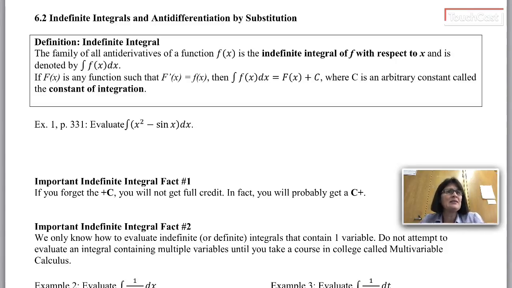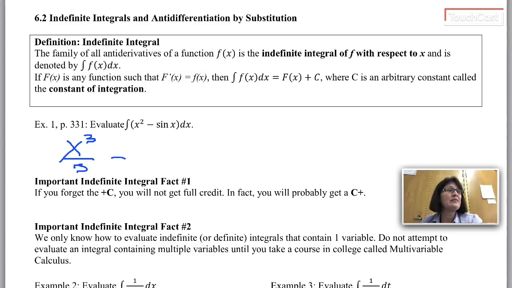So evaluate the integral of x squared minus sine x dx. That means find an antiderivative. Find a function whose derivative is x squared minus sine of x. So I'm going to do this part in my head, and I'm going to remember to add plus c on the end. So the antiderivative of x squared, I'm going to increase the exponent by 1 and divide by the new exponent, and I'm going to subtract.